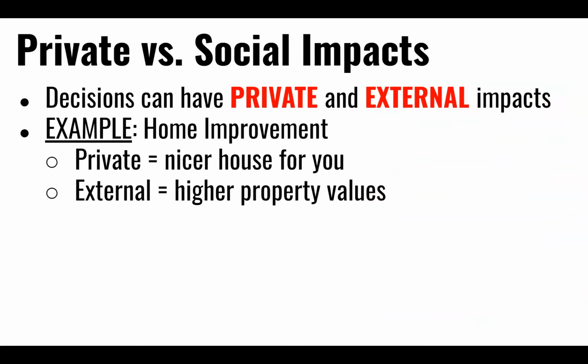So what we're seeing here is that when there are externalities, there is a difference between my private benefits and costs and the benefits and costs to the society, to anyone beyond myself. So, for example, home improvement has both private and external benefits. Privately, it makes my house nicer for me. It makes it more comfortable for my family. It makes it so that when I look at my house, I'm happier about where I live.